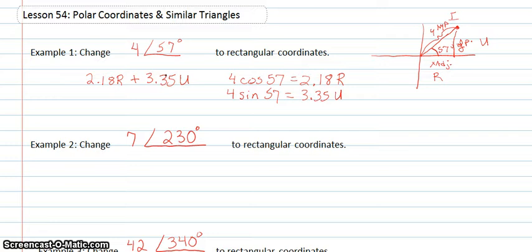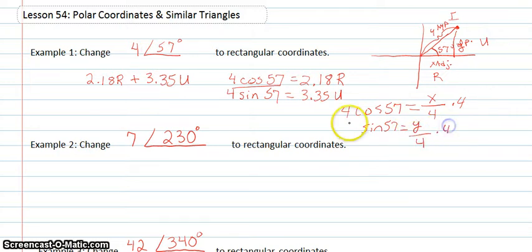Now if you need to see how this is set up first, this would be cosine 57 equals x or r over 4. That's why I just needed to multiply by 4 to get this. And then for the sine, it would be sine 57 equals y or u, or whatever variable you want to use there, over 4.